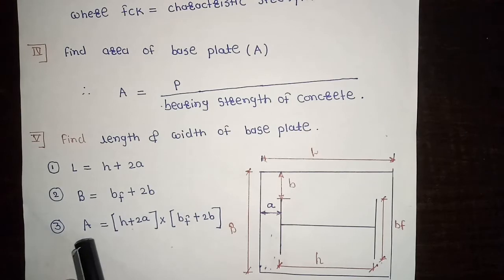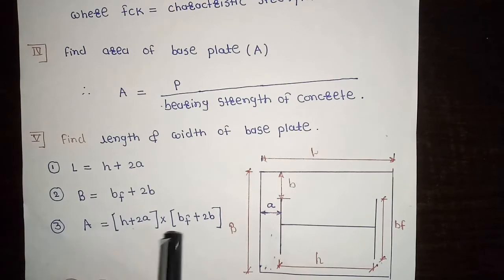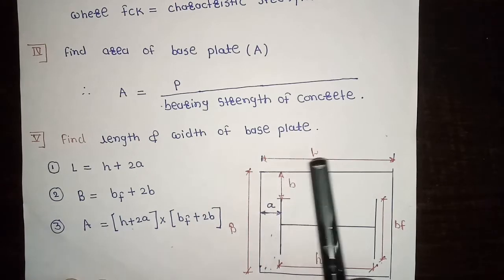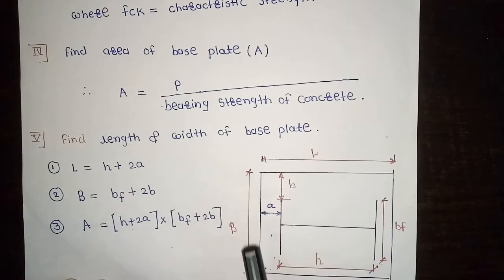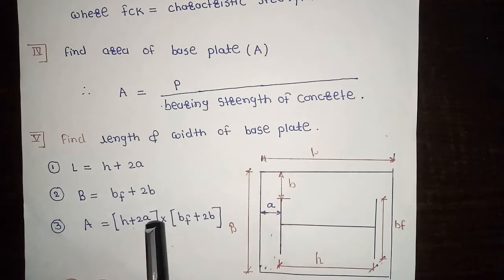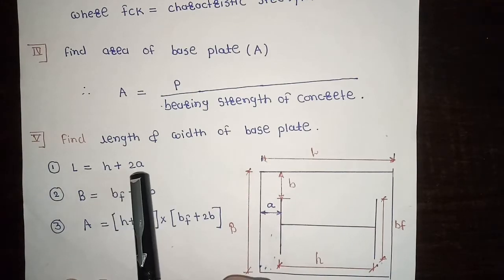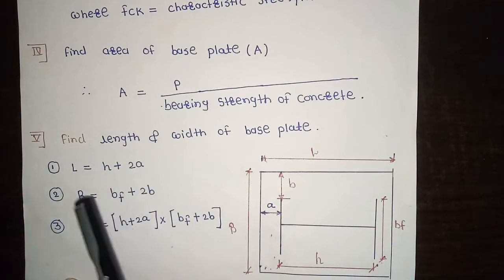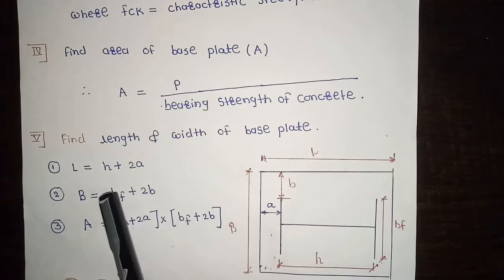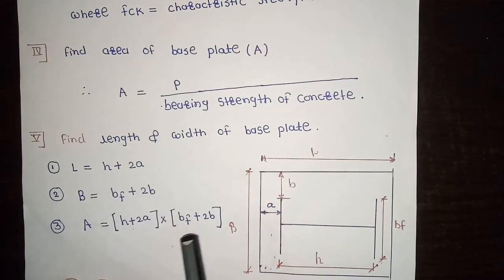And A is equal to L into B, the area of base plate. So what is the value of L? H plus 2A. And what is the value of B? BF plus 2b.